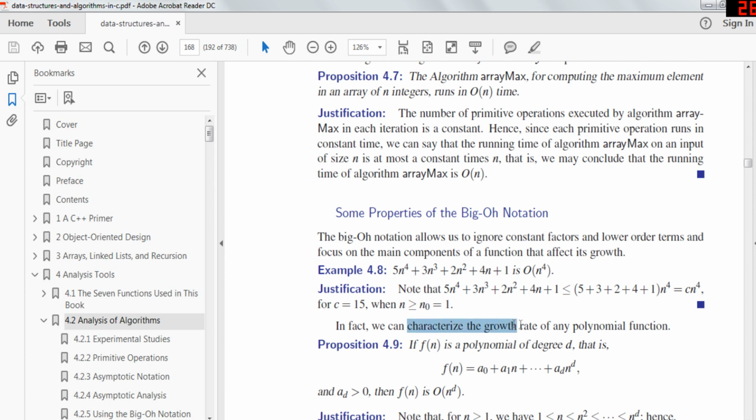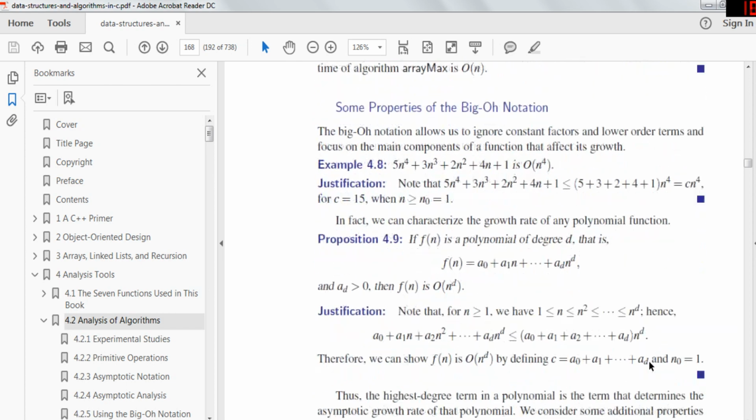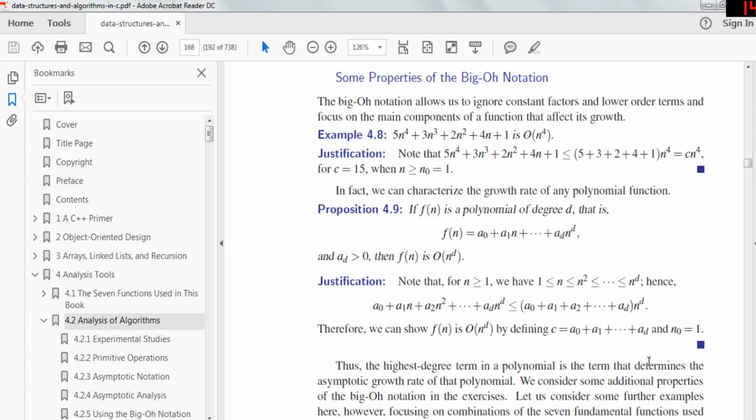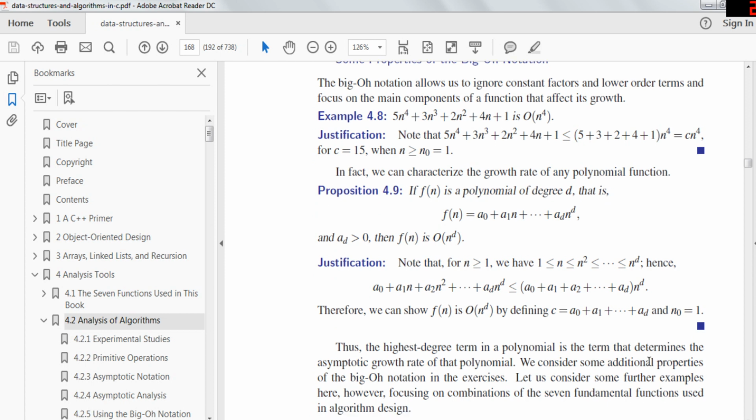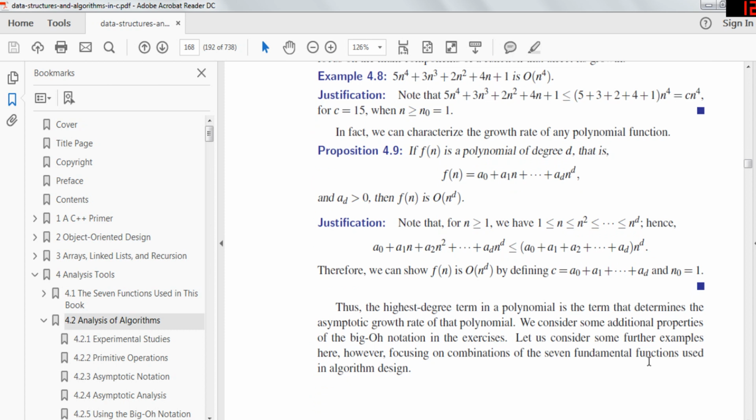So we could characterize the algorithm growth of any polynomial function. If f of n is a polynomial of degree d, that is, f of n is equal to a naught plus a1 n plus all the way up to a d times n to the power of d, and a d is greater than 0, then f of n is O of n to the d power. Note that for n greater than 1, we have 1 is less than or equal to n, less than or equal to n squared, less than or equal to n to the d.